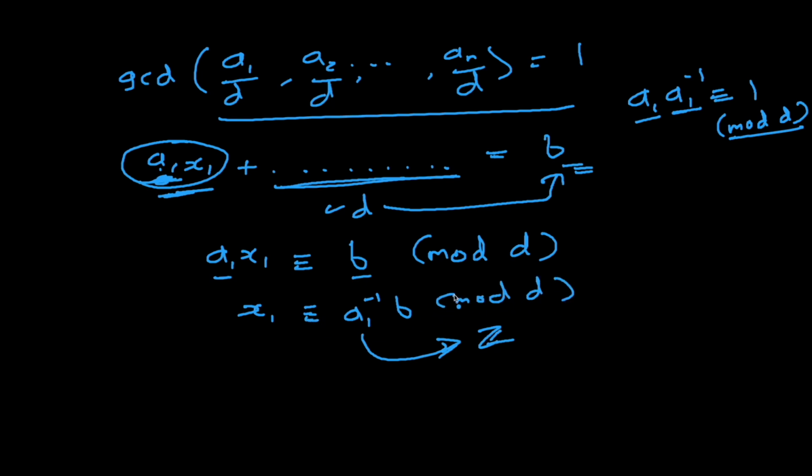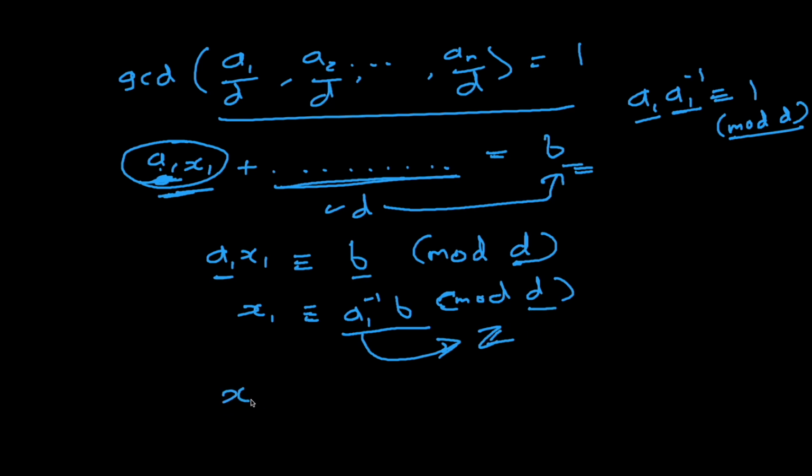How we can find it is a bit of number theory, so I'm not going to discuss all of that. It's also not discussed in the paper, but you can just assume that given a number and its relative prime, it is possible to find its modular inverse. So what does this mean? It means x1 leaves the remainder a1 inverse b when divided by d.